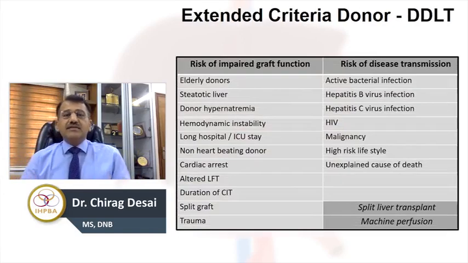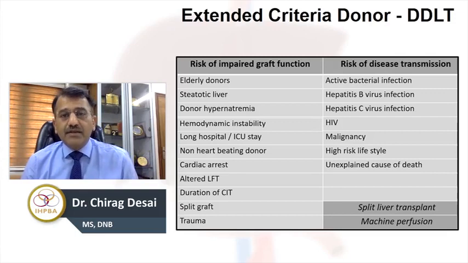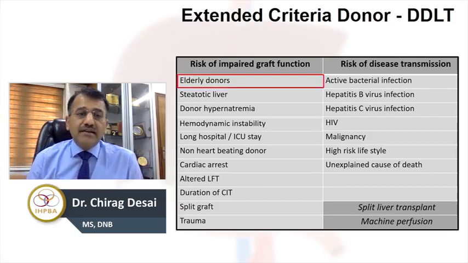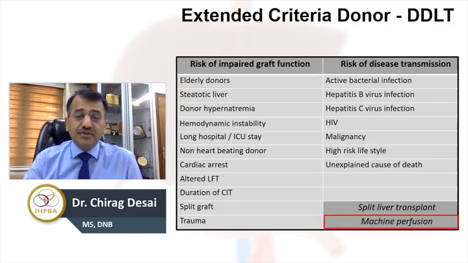These are the various extended criteria donors, especially in deceased donor liver transplant, and each of these we are going to discuss in subsequent parts of this talk: elderly donors, steatotic liver, hypernatremia, and so forth. We'll also talk about split liver transplant and use of machine perfusion to identify the correct donor liver.